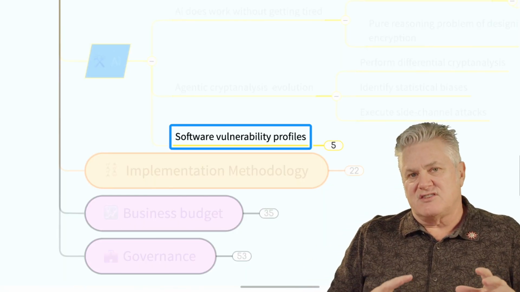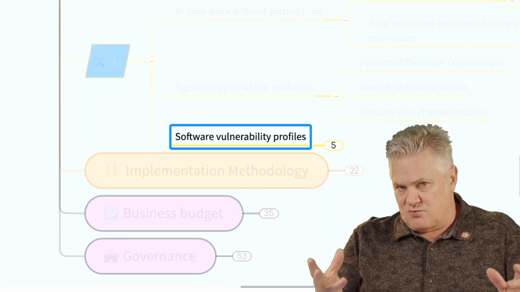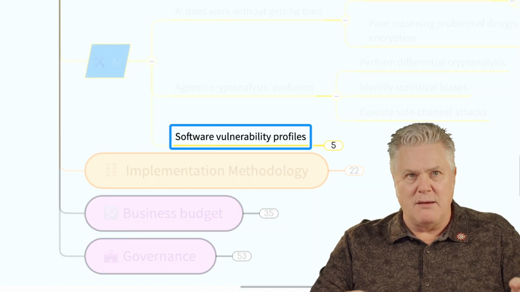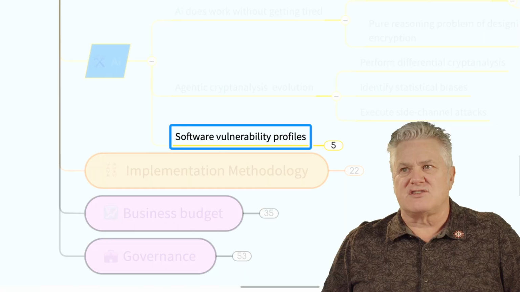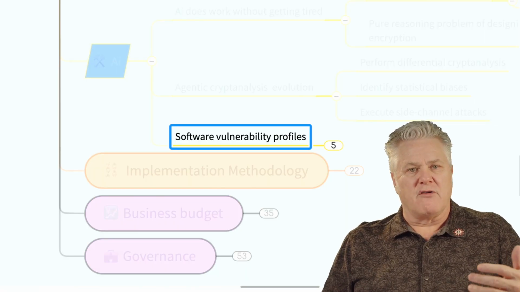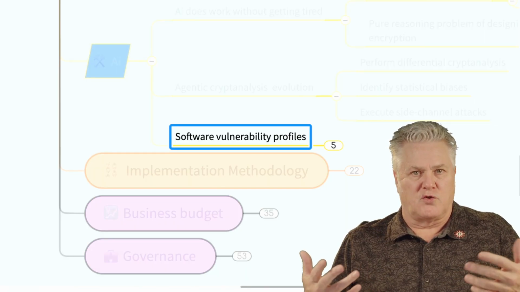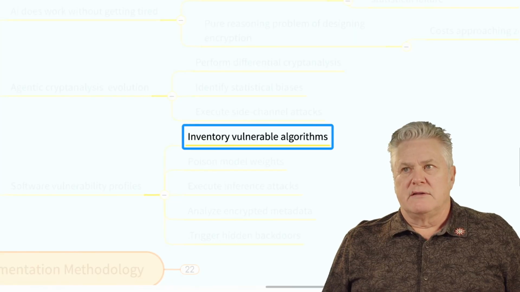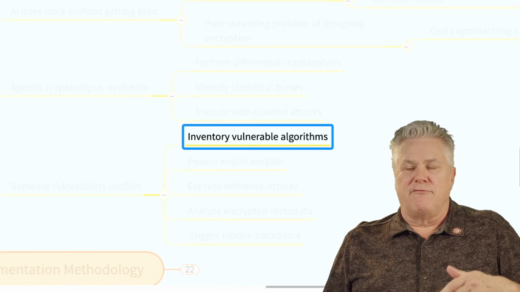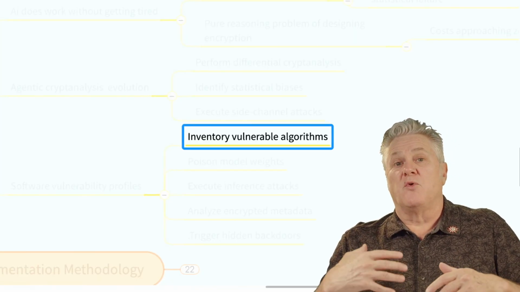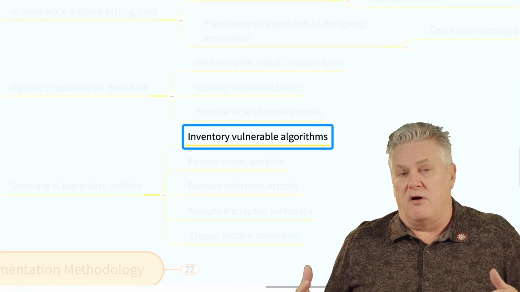The other piece to this is in implementation, because that's what we're talking about in this section. In implementation of tools and techniques, there are going to be software vulnerability profiles that will crop up in encryption. Like, we might want to look at the vulnerable algorithms that are available with a particular set of protocols.